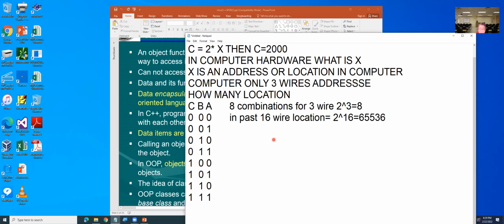Okay, so in the path, your computer gets 16 wires for the address. The total locations inside your computer will be 65,536. However, if you use decimal, then it will be 65,535.